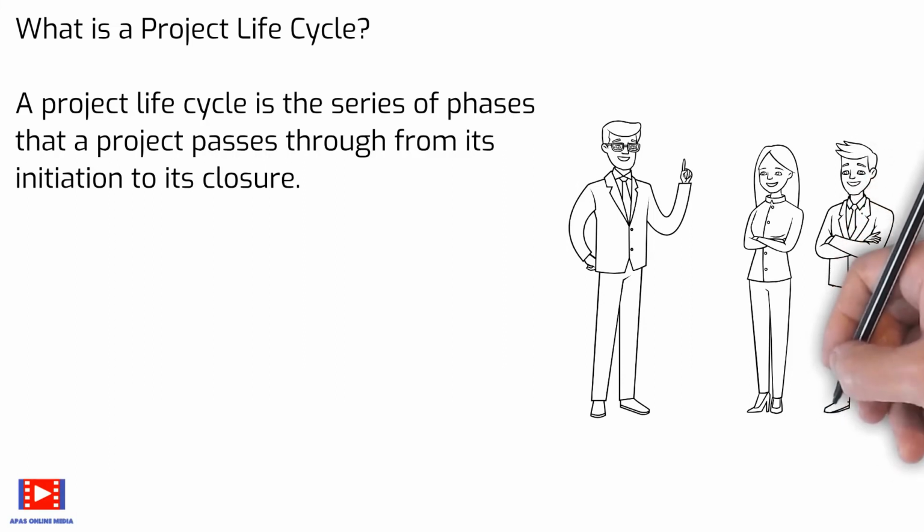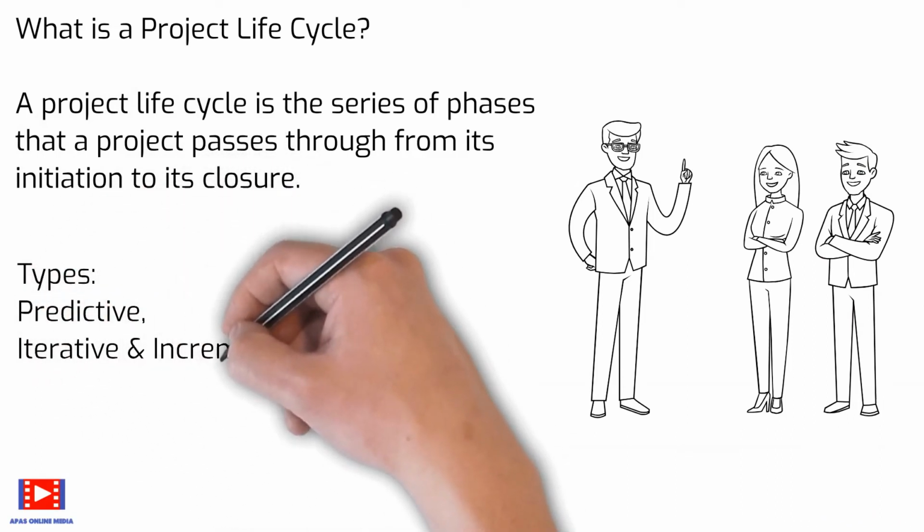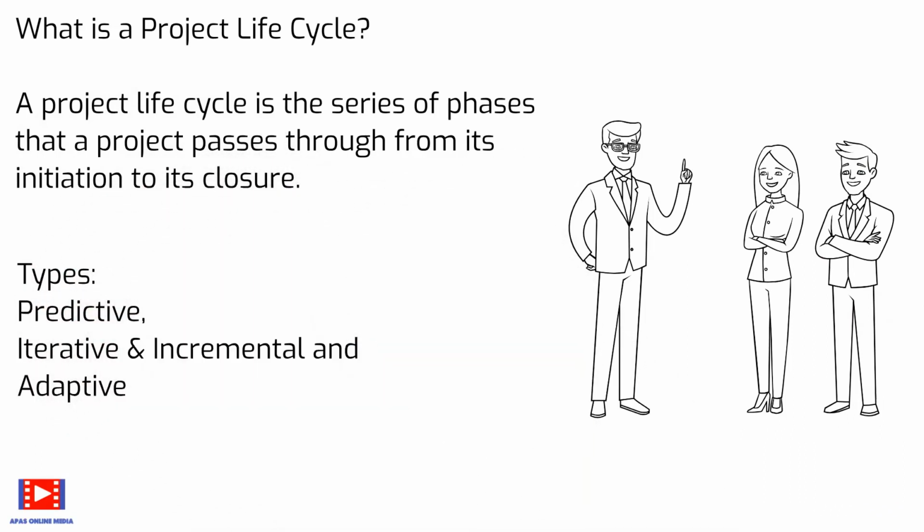The different types of project life cycle are predictive, iterative and incremental, and adaptive. Predictive life cycles, also known as fully plan driven, are ones in which the project scope and the time and cost required to deliver that scope are determined as early in the project life cycle as practically possible.